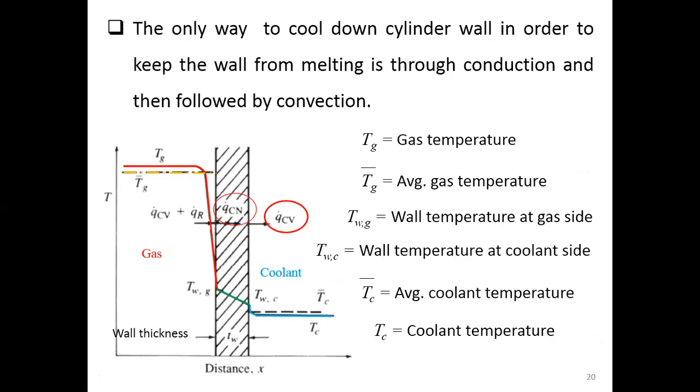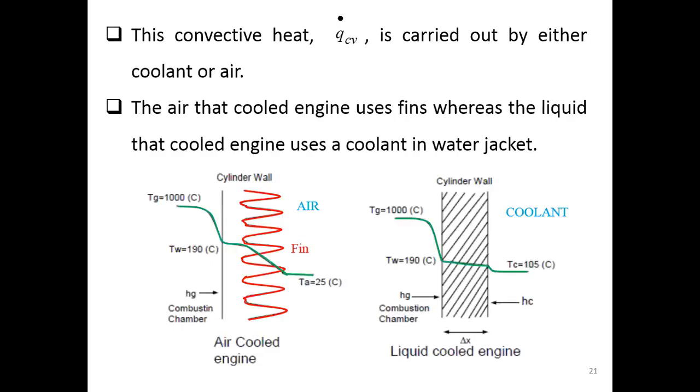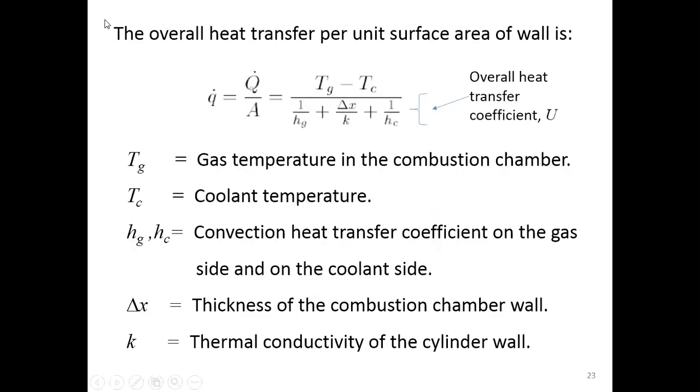We want to talk about these two heats at one time. And that's why we have the overall heat transfer here. This is per unit surface area of the wall, where the overall heat transfer is represented by this Q per unit area, so it becomes small q dot, which can be calculated from this expression.